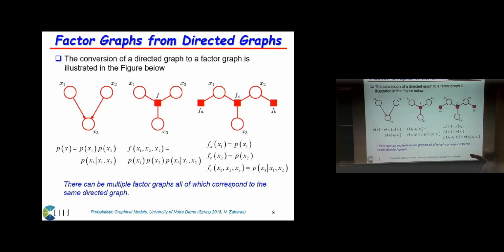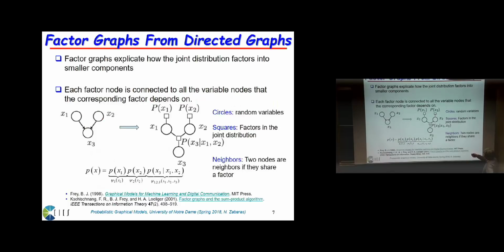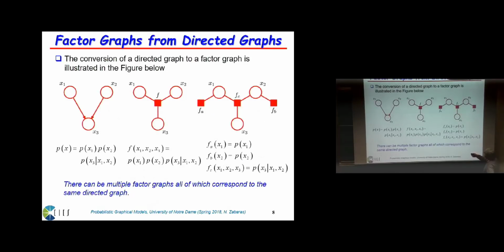So for example, here, remember we had a factor for x1, a factor for x2, right? And a factor that involves the 3 arguments. Here, what I do is I only use one factor because this factor involves the 3 arguments. I put those 2, P of x1 and P of x2, as part of the bigger factor that involves all 3 together. All right? So this is one construct. This is what we saw before, right? So these 2 are different, okay?